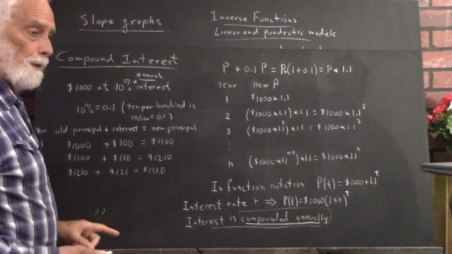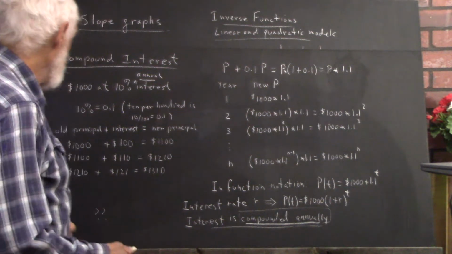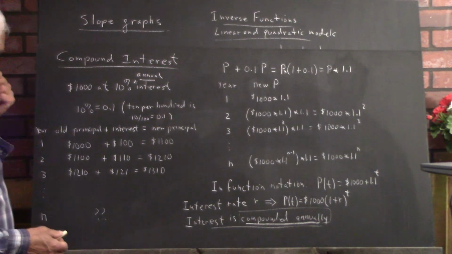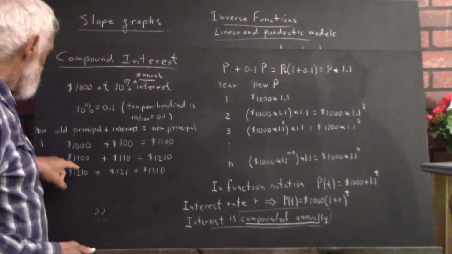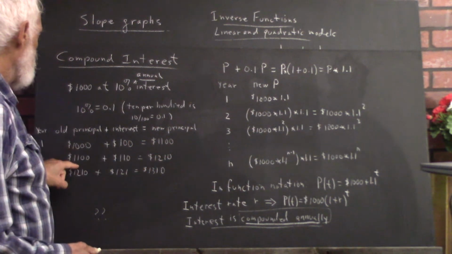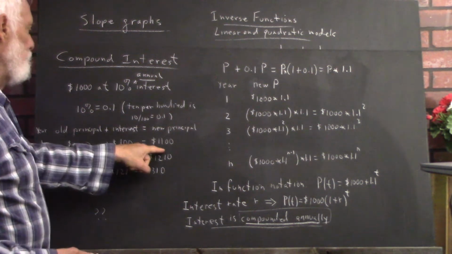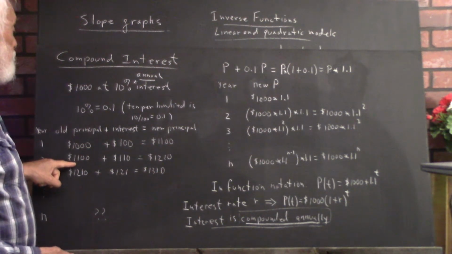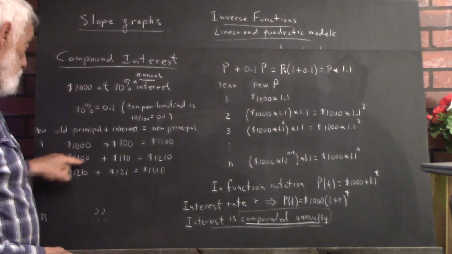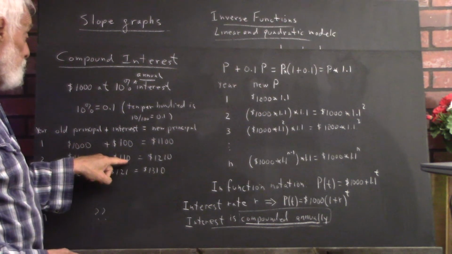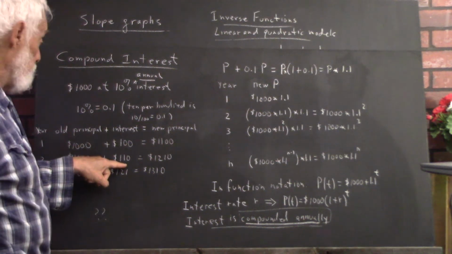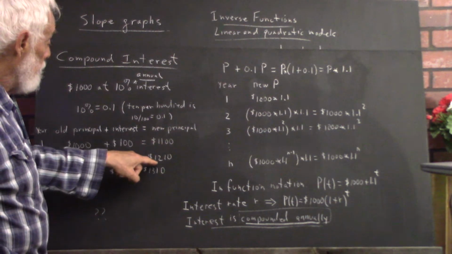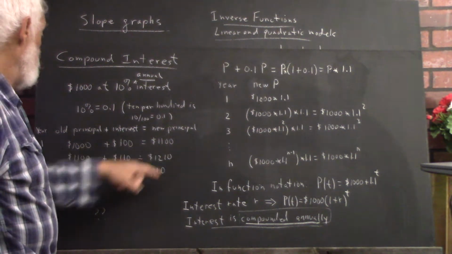But in compounding, which is the only sensible way to do things financially, you take your new principal from the previous year, and now that's your principal, and you take 10% of that principal to get your new interest. So you get more interest in the second year. You get $10 more interest. Go have a party. Okay, and you end up then with $1,210.